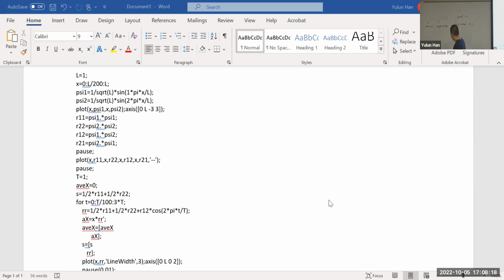And actually, from this equation, we can know the energy. So we can say the energy also depends on the quantum number.